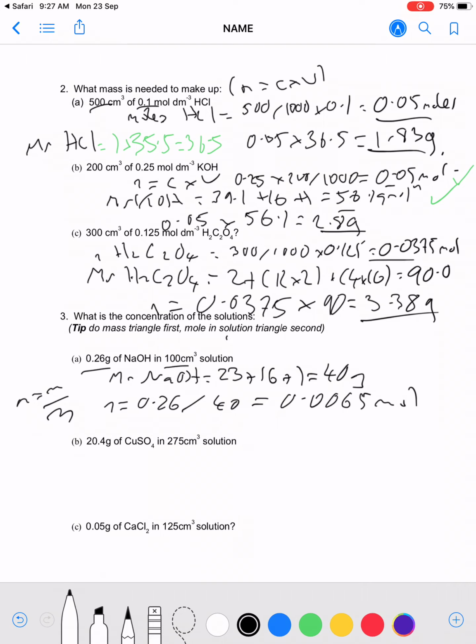And this is in, so we've got concentration is moles over volume. Volume is 100 cm³, so C is n over V. These two equations and 24 dm³ for 1 mole of a gas will get you flying colours on any GCSE question.